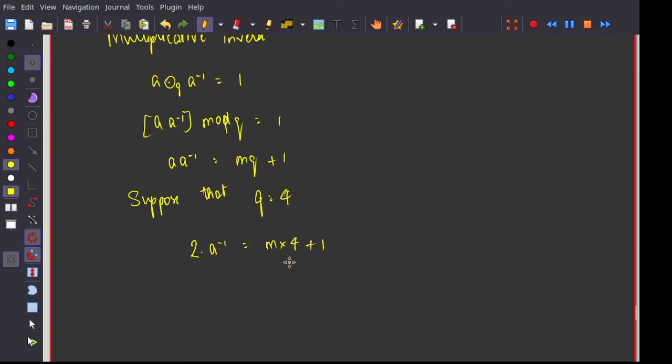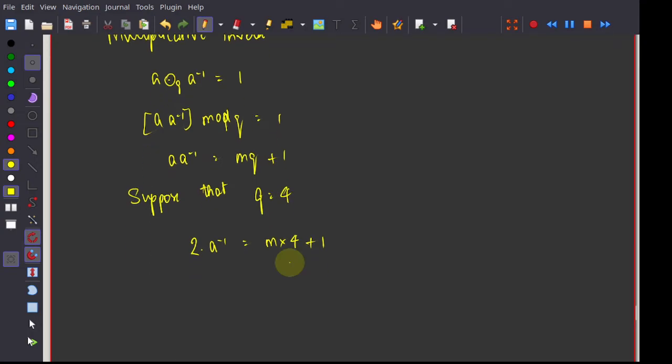Can I find some A inverse and some M? I know that A inverse can only take one of 4 different values: 0, 1, 2, 3. If I can satisfy this equation using some integer M, then I'm fine.